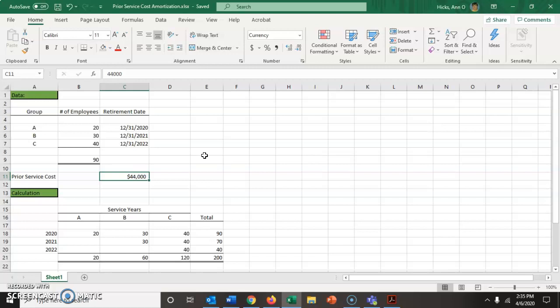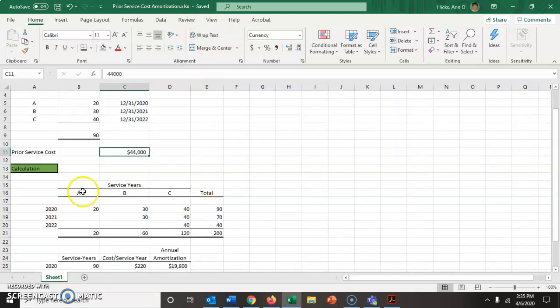Now, what we effectively do is we amortize that over the number of remaining service years that are represented by our current employees. So in this first schedule, I have calculated the number of service years that are being worked each year. Now, Group A is retiring at the end of this year.